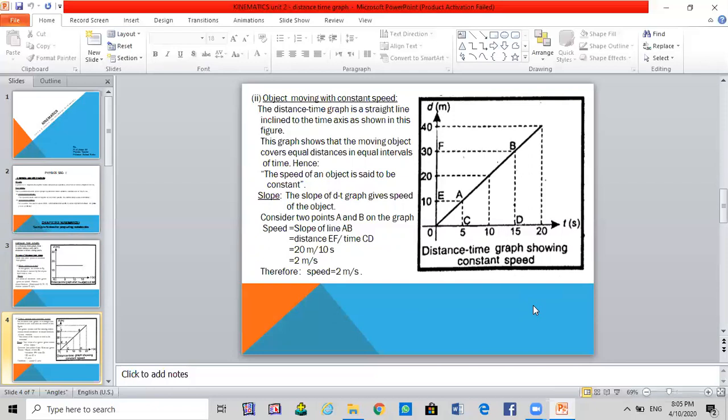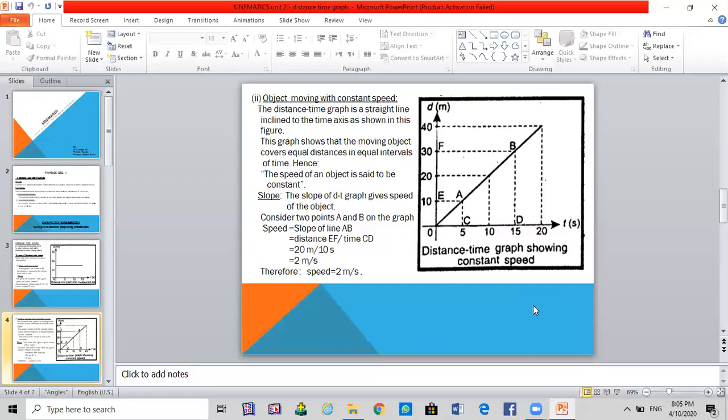For more explanation, in the first 5 seconds the distance covered is 10. In the next 5 seconds, when the total time is 10 seconds, the distance covered is 20. Likewise, in each successive 5 seconds, the distance covered is 10.